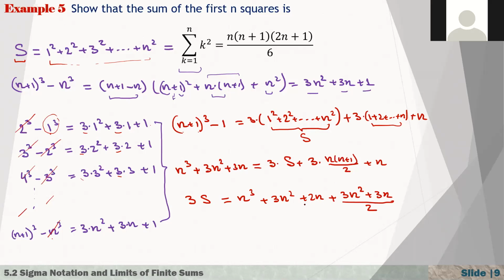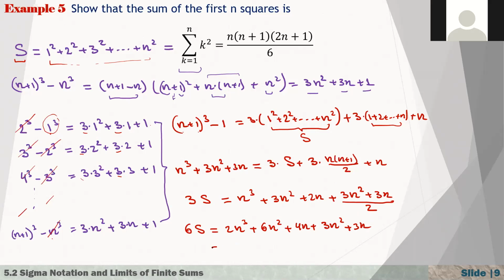So now let me just simplify this further. If you multiply both sides by 2, I have here 6S, so I have here 2n cubed plus 6n squared, and by 2 it is 4n, and here we have 3n squared plus 3n, right?